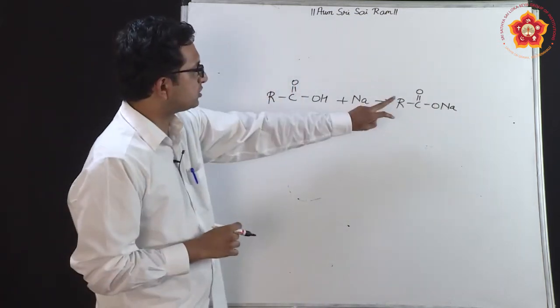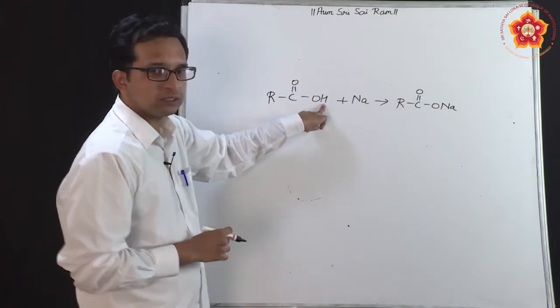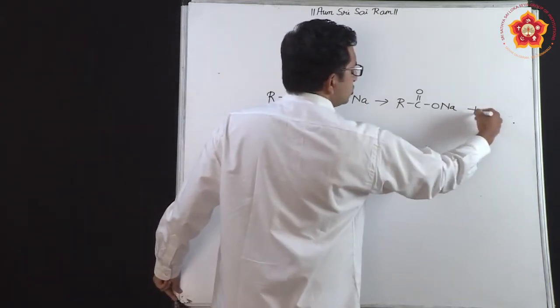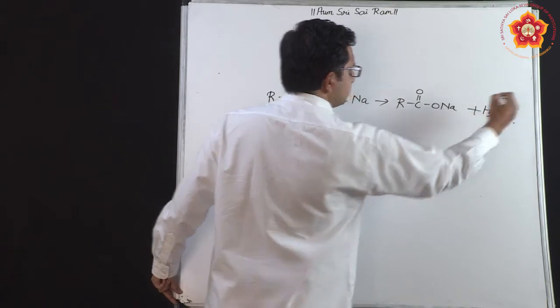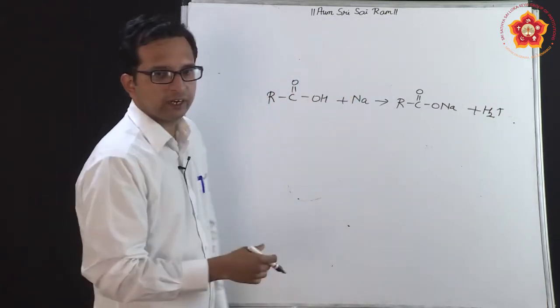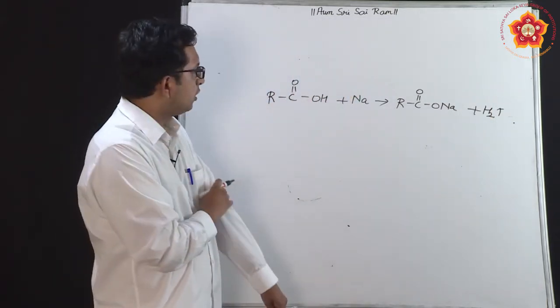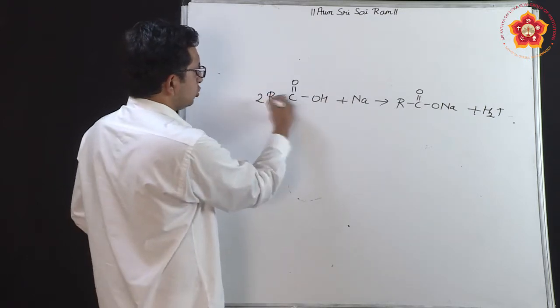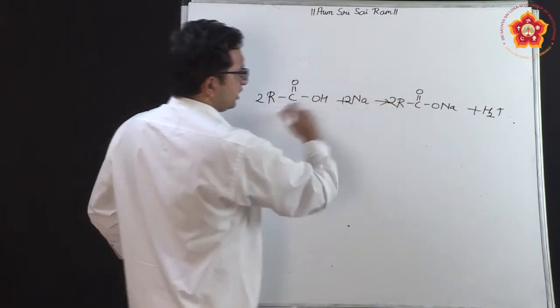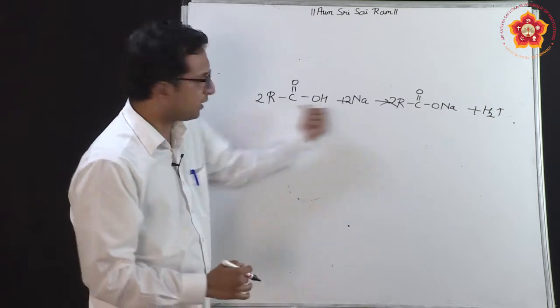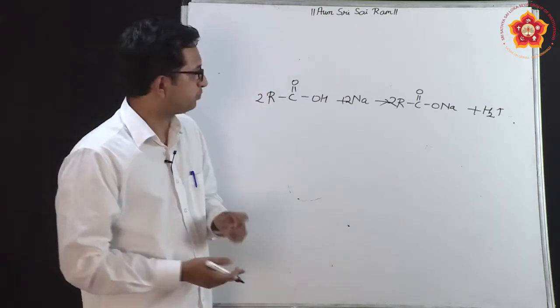This is the salt which is generated, where sodium replaces hydrogen and hydrogen goes out as hydrogen gas, because gaseous forms generally are diatomic in nature. Now, we need to balance this reaction, so I will take everything as 2 so that we can see that it is a balanced chemical reaction.